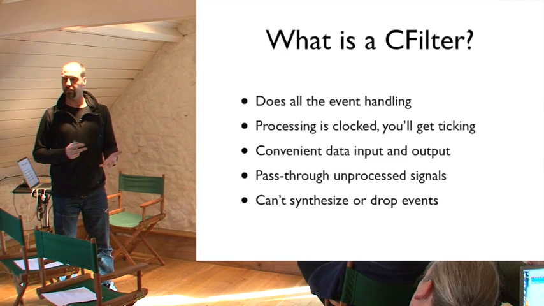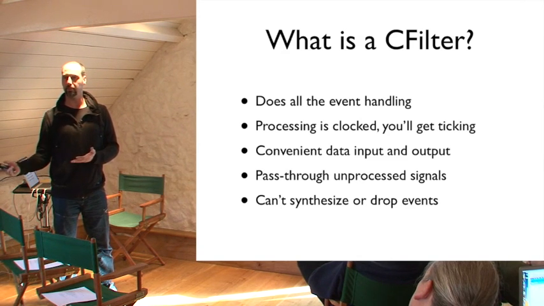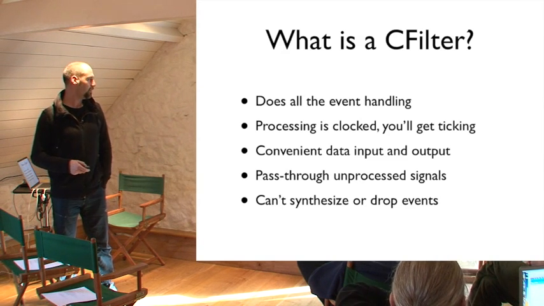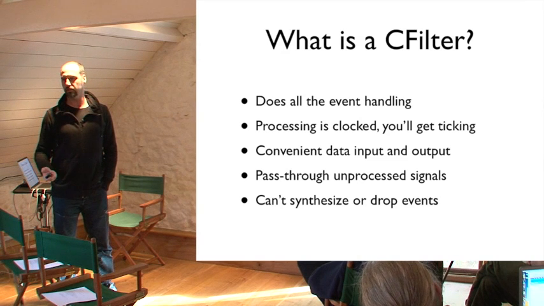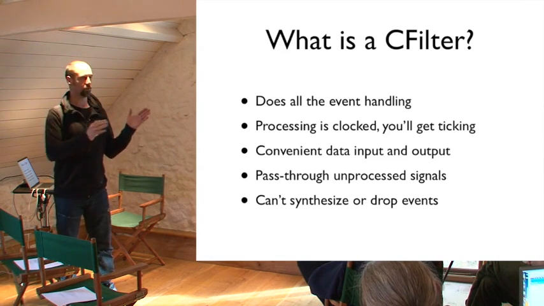It's got a whole bunch of convenience methods to allow you to handle the data input and data output, and then you can declare which signals it accepts and which signals pass through. The only real limitation is that you can't synthesize new events or drop existing events. It's kind of a one-to-one mapping to what comes in, what comes out.